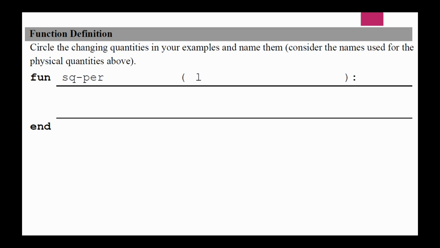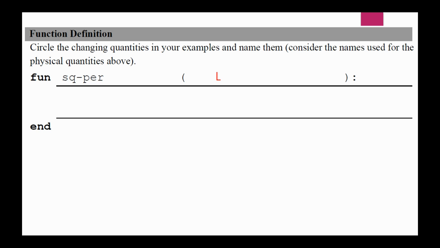So now we're actually to the point where we want to put the actual function into our program. So this section here, we have the Squipper function, and then in parentheses, we're going to have our input, but we're going to put this in as a variable. Now, the variable that we're putting in is the length of the side of our square, so we can abbreviate that as L. But I want to point out that lowercase l is probably the absolute worst letter that you can use anywhere because it looks like a capital I, and it can also look like a 1.